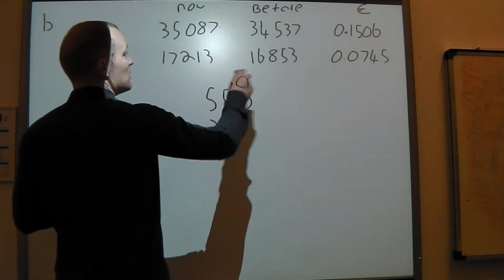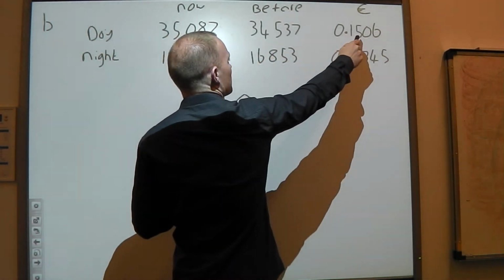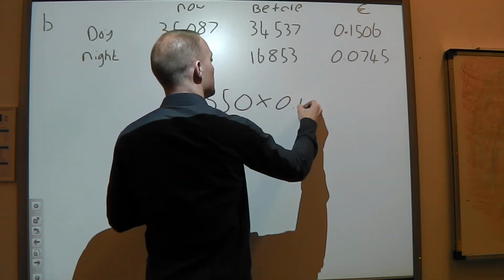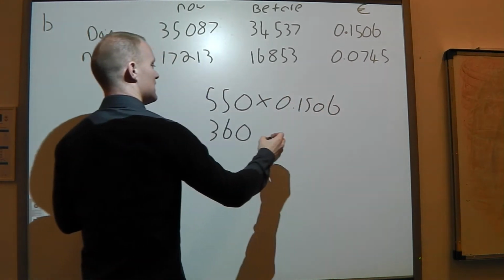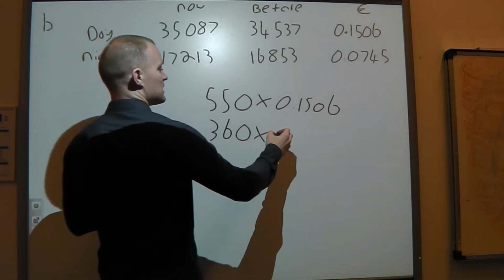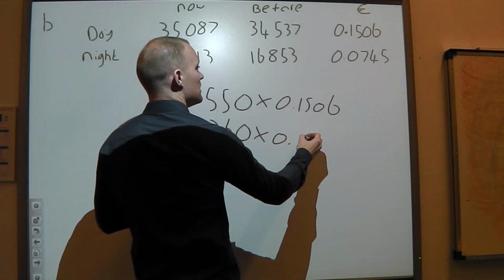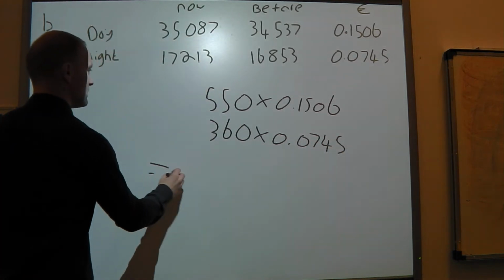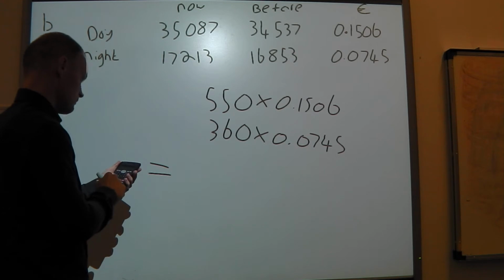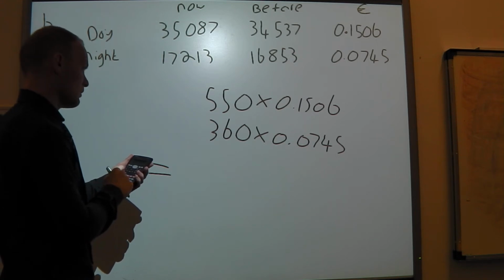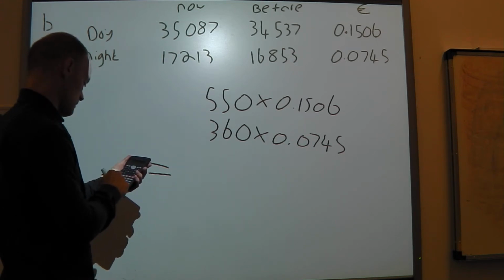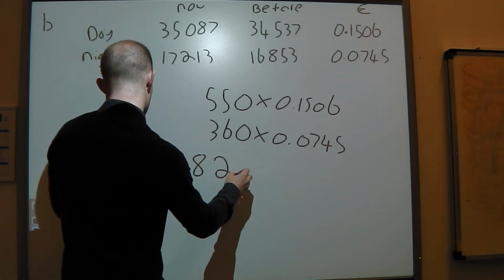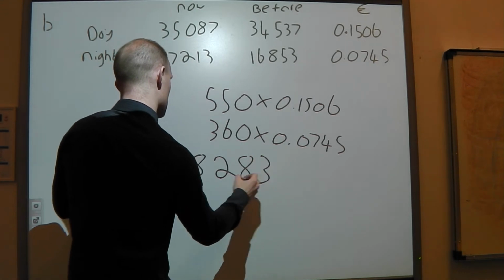Now, these daytime units are going to be charged at 0.1506. So we're going to multiply that by 0.1506 because that's the charge of day units. And at the nighttime units we're going to multiply that by 0.0745. So that is equal to €82.83.